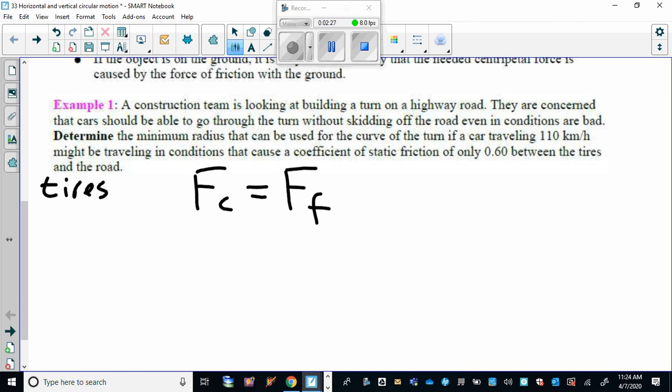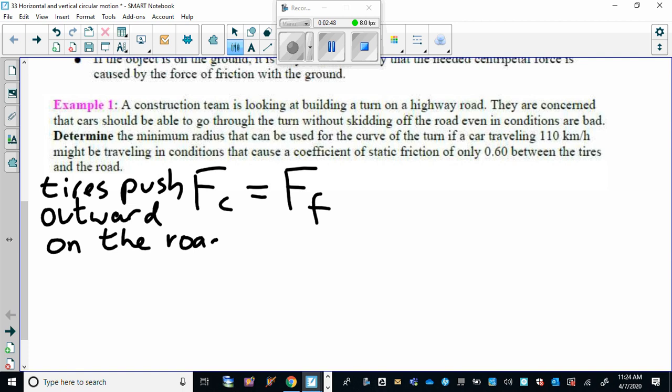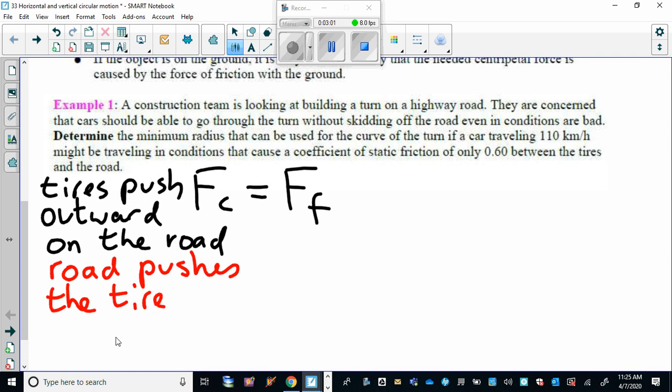The tires push outward. This is when you're trying to make a turn in a car and your wheels turn to the left, for example, so they are pushing to the right, outward on the road, and then the road pushes the tires inward, right?